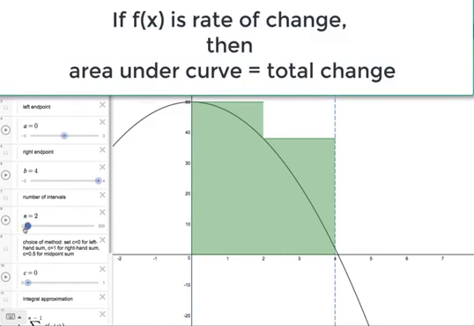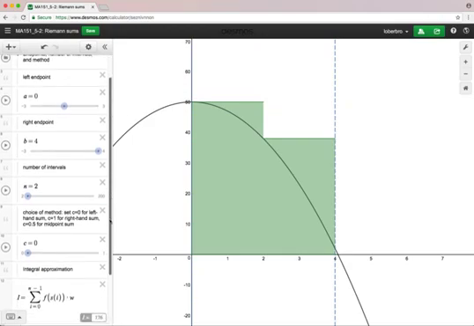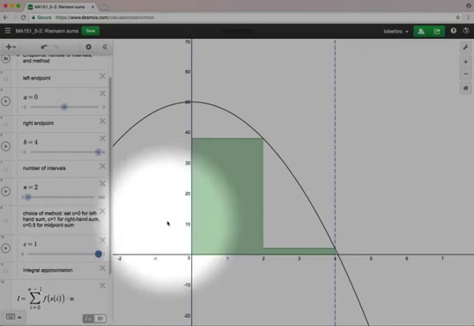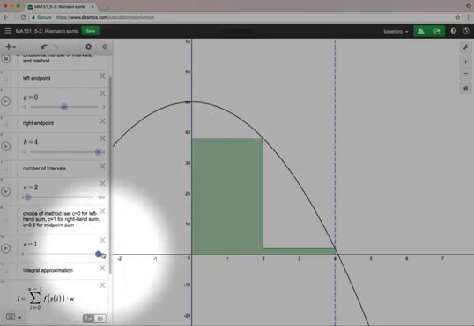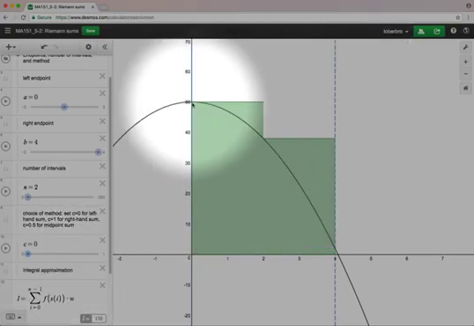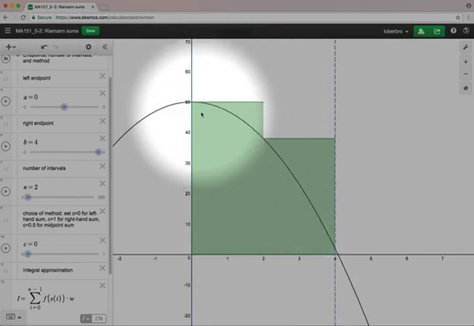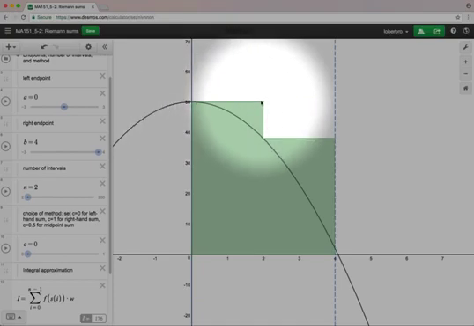Now, if we just use 2 rectangles, that's a pretty crude approximation. And we can change using different endpoints. So this one is using left endpoints. We have it split into 2, and we use the left endpoint for our height from 0 to 2, and then our second interval is from 2 to 4.